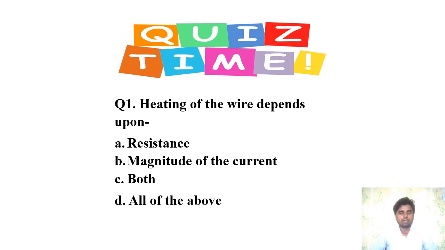Now you have to tell this answer. Heating of the wire depends upon the resistance, the magnitude of the current, both, or all of them. What will be the answer here?